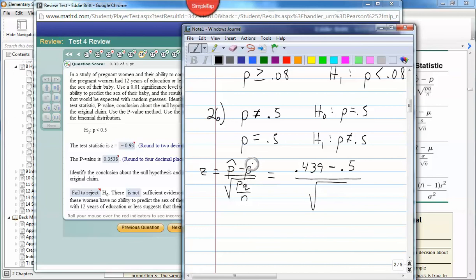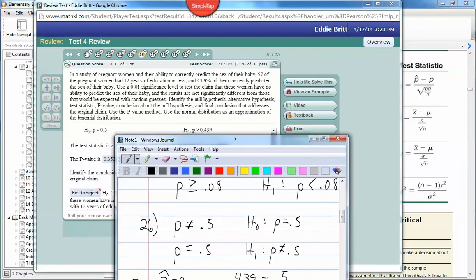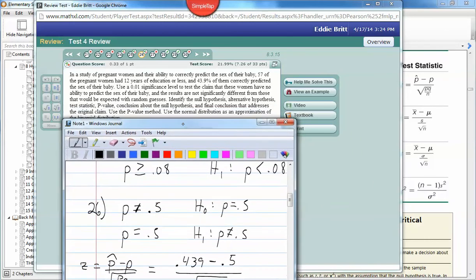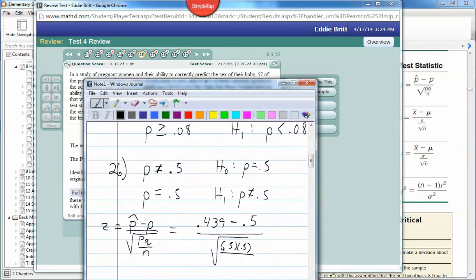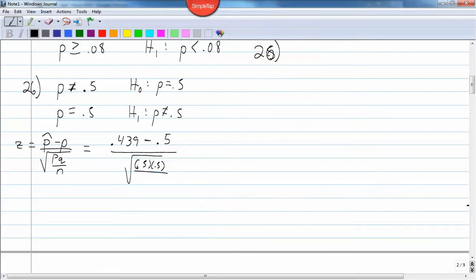All right, and then this p is this p down here, so it's 0.5 times 0.5 over n. What is n? How many did we have here? We had 57. Okay, so over 57.